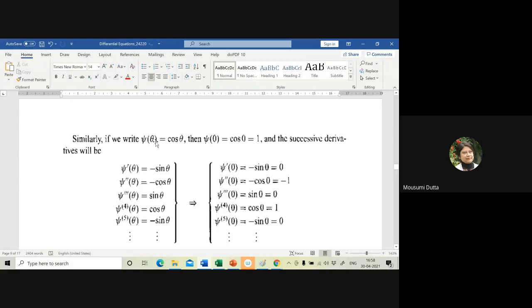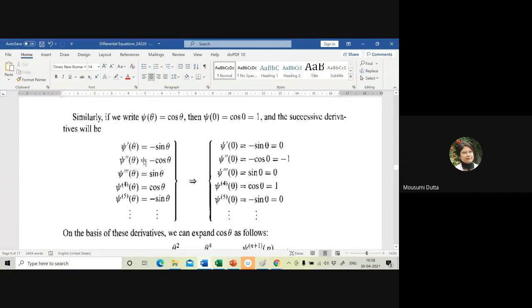So first I am taking the successive derivatives, psi prime, psi double prime, psi triple prime, and we are getting minus sine theta, minus cos theta, sine theta, cos theta, minus sine theta, etc. Then we are putting the value 0. So psi prime 0, psi double prime 0, psi triple prime 0.